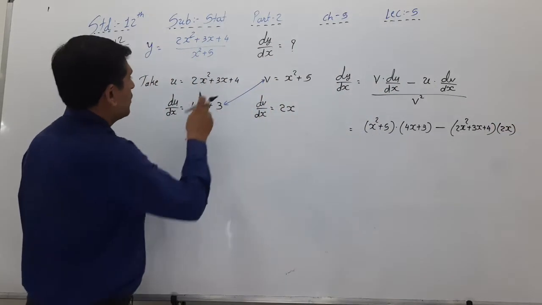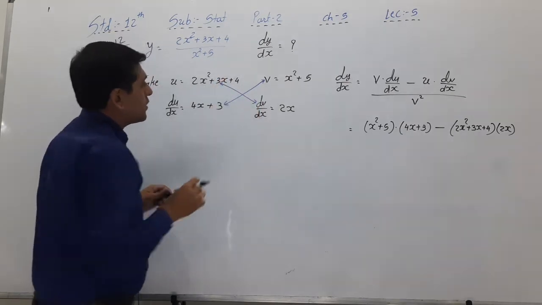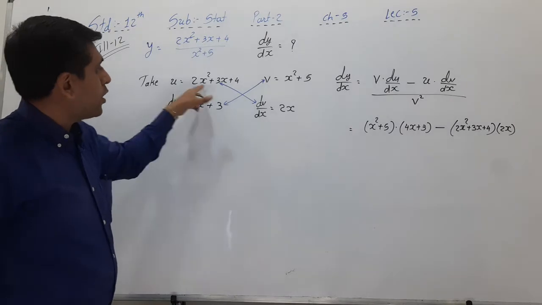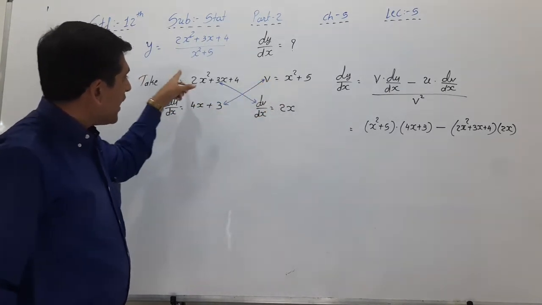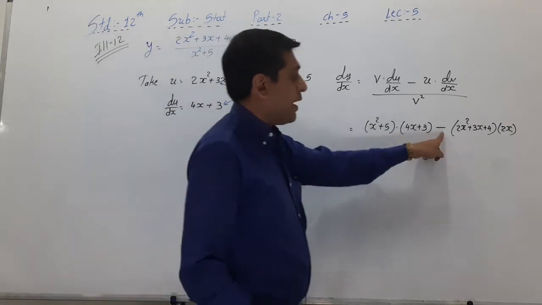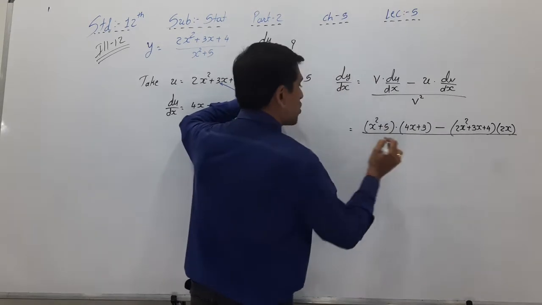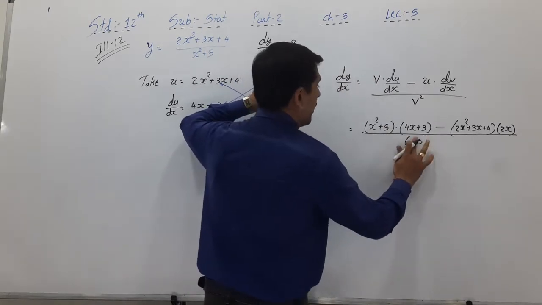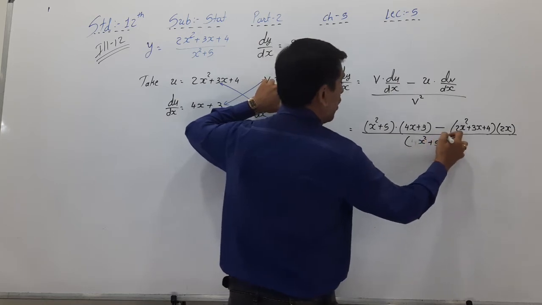Again a cross multiplication: we have to multiply these and these, first these, then these, and between them minus. Divided by v square, x square plus 5, all square.